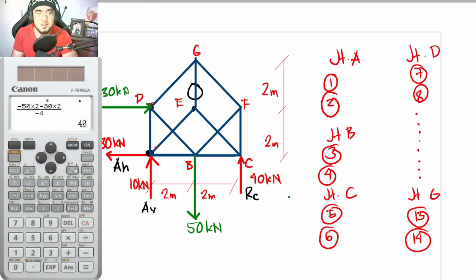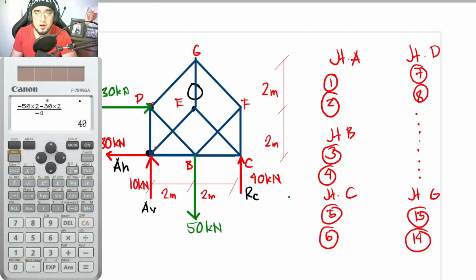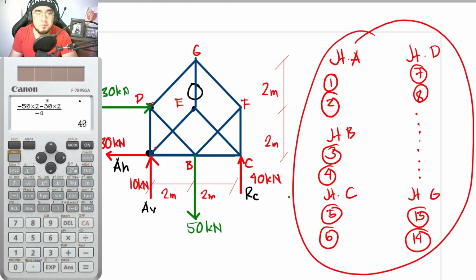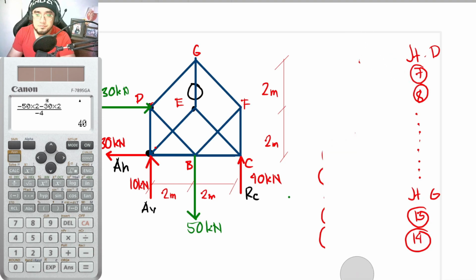So the advantage of the substitution method as compared with making use of matrices is that this procedure is solely dependent upon your advanced algebra skills and your skills in numerical solution. So that is one approach. The other approach is by making use of the method of substitution.